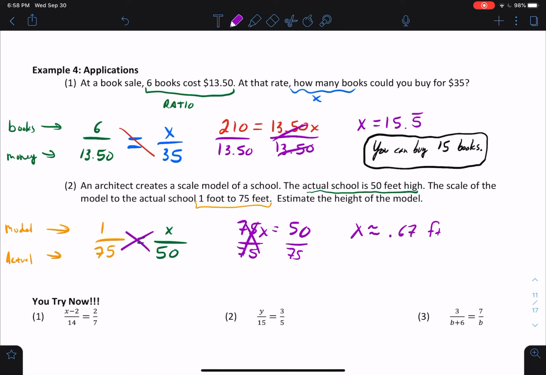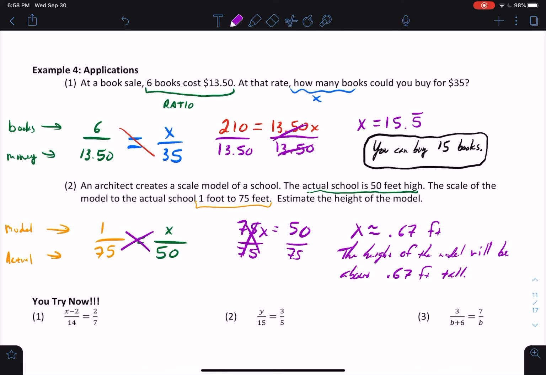So the height of the model will be about 0.67 feet tall.